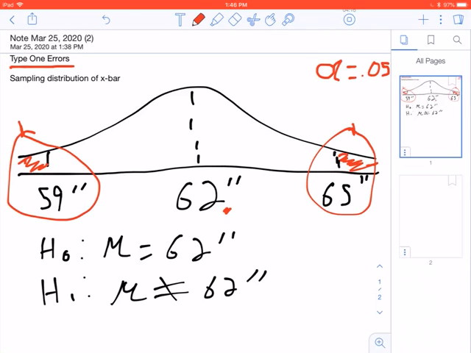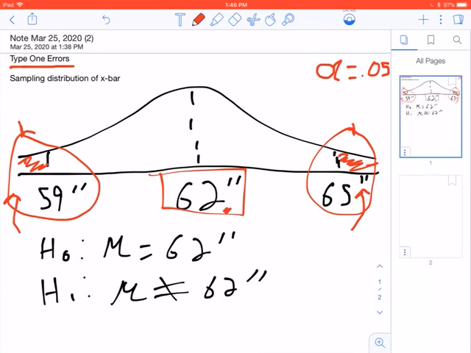Well, as it turns out, if this is a sampling distribution of X bar and all this information is true, then 5% of the time, or really I should say 2.5% on each side, just due to random chance alone, I am going to get sample statistics that are greater than 65 inches, and I am going to get sample statistics that are less than 59 inches, given that what I'm saying is true.